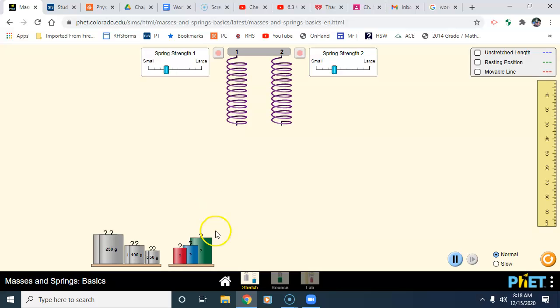Let's pretend the distance from floor to shelf is 2 meters. If we lifted it completely vertically, person A and person B both lifted a 250 gram mass, and the minimum amount of force to lift a mass is equal to its weight. So a 250 gram mass, times 9.8, has a weight of about 2,450 newtons.